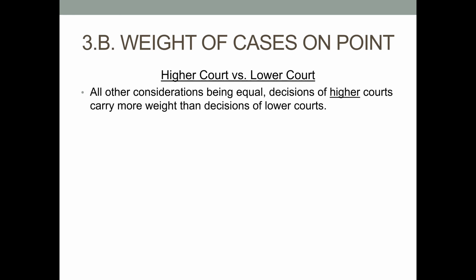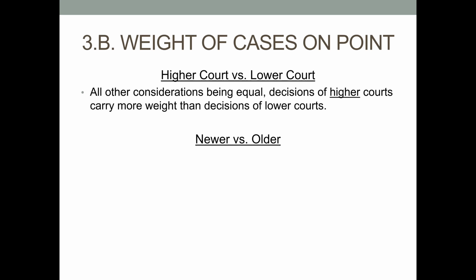Well, since the Oklahoma Supreme Court is a higher level court than the Virginia Intermediate Court of Appeals, even though they're not in the same jurisdiction, the court may have a tendency to give more weight to the Oklahoma Supreme Court because it's a higher level court.